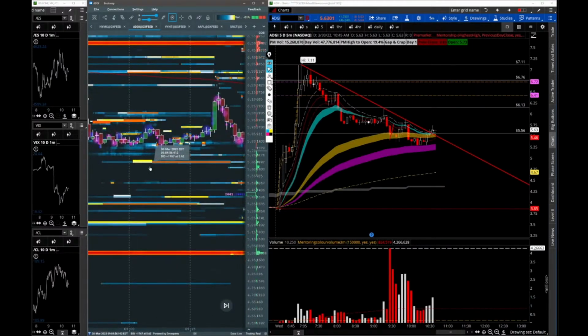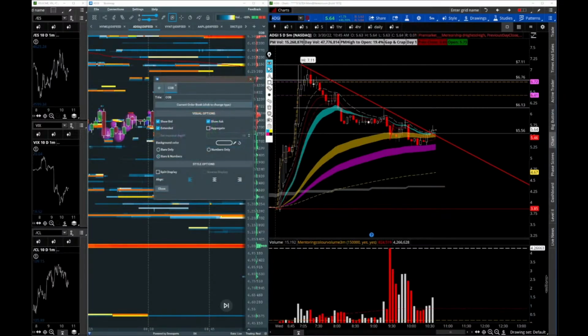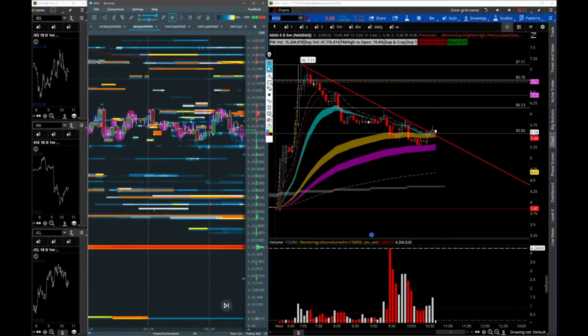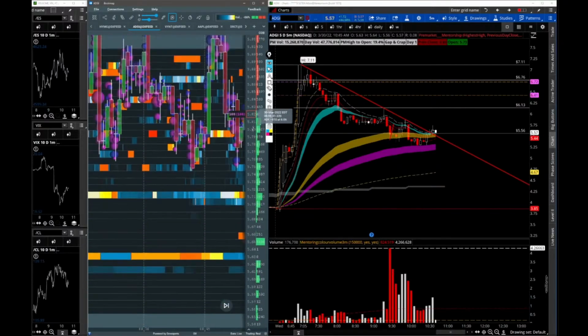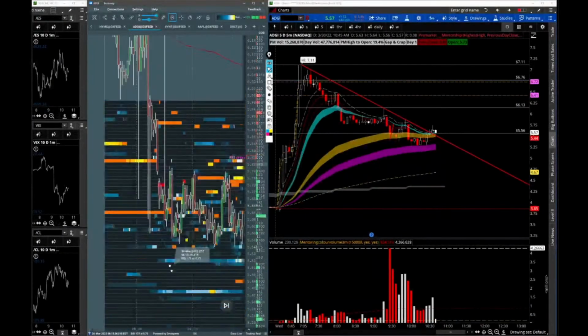So let's look at these things together, at these levels together. Now we can keep it like this. And I'm going to take off this.